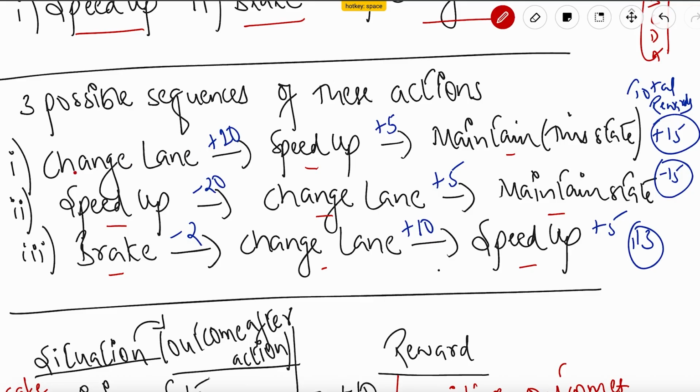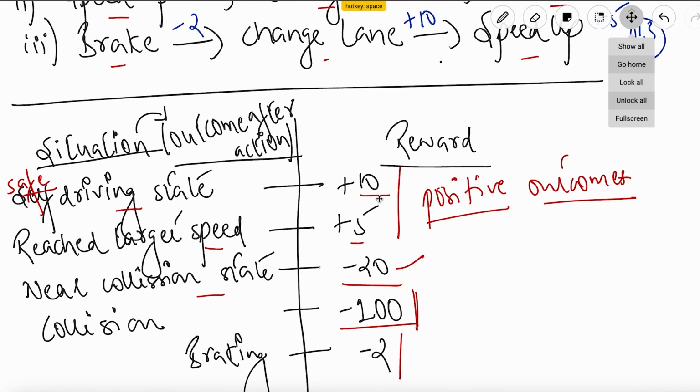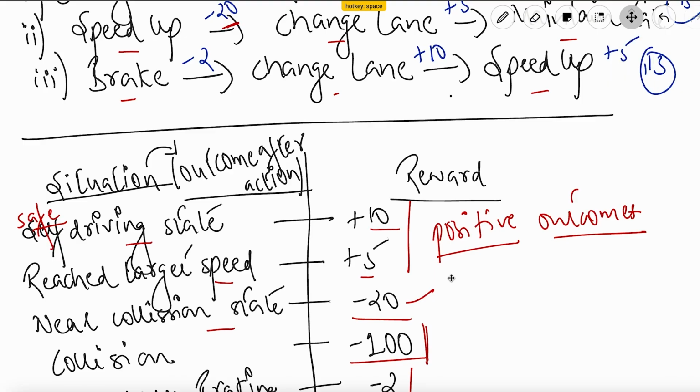Let's start with sequence number 1. We have 10 for change lane, speed up gets plus 5, and the state is maintained, so no reward for this. So the total is plus 15. Now coming to the second sequence, speed up, but this speed up is assigned minus 20. Why? Because it increases the risk. This is a near collision state, that's why it is assigned minus 20.